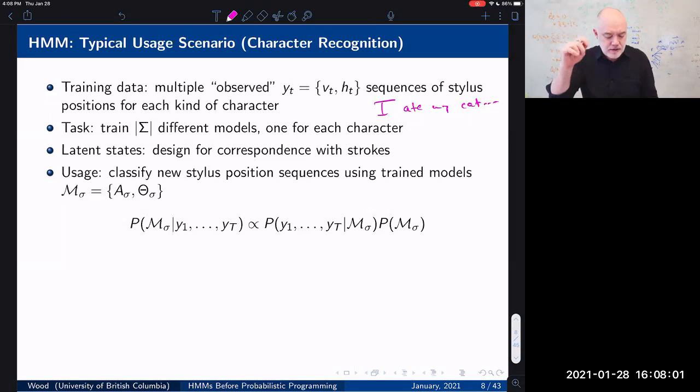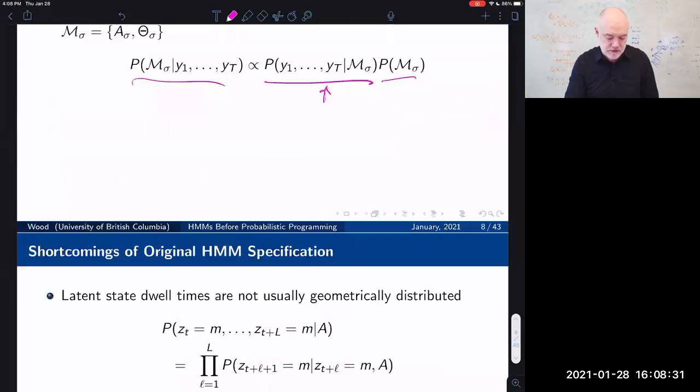The latent states can be designed to correspond to the strokes. And then you can classify new stylus sequences using the trained models by basically computing their evidence under the model, right? So you can compute this evidence by integrating over the posterior, having some prior on which character you think occurs, and then basically do Bayesian model selection like we've talked about. Okay, this is an example application.